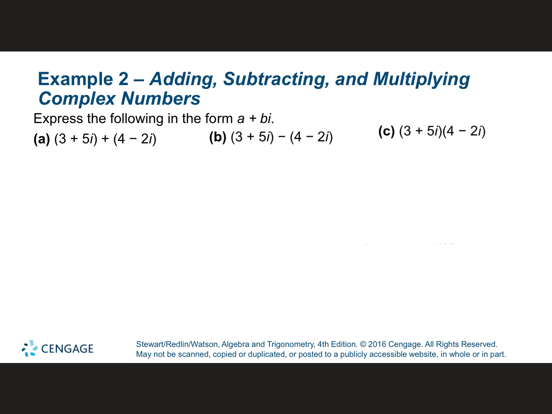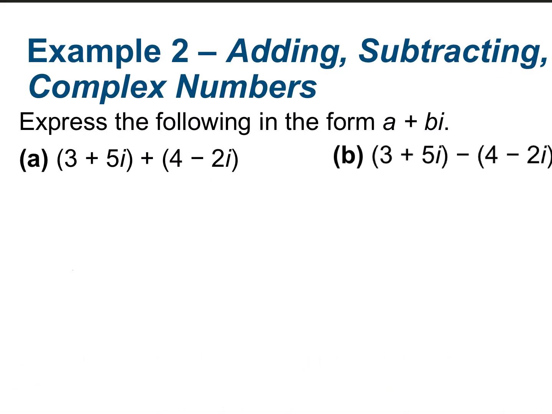If we look at the next set of examples that we have here, we're adding, subtracting, and multiplying these. For A, we have (3 + 5i) + (4 - 2i). We said in prior lessons that when you have parentheses and they're separated with addition, you can just get rid of the parentheses and combine like terms. So this would be the same thing as 3 + 5i + 4 - 2i.